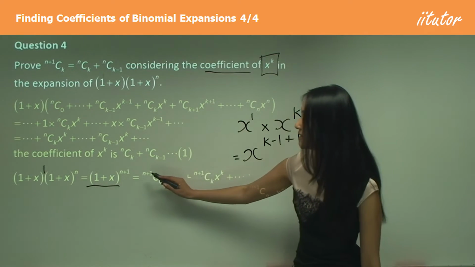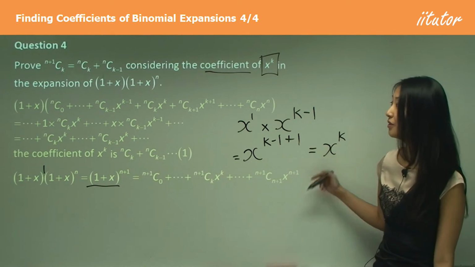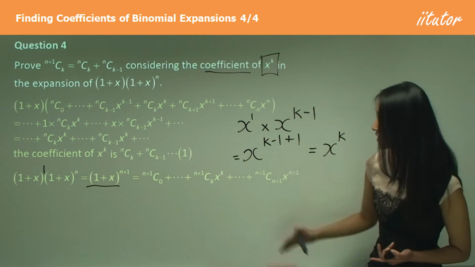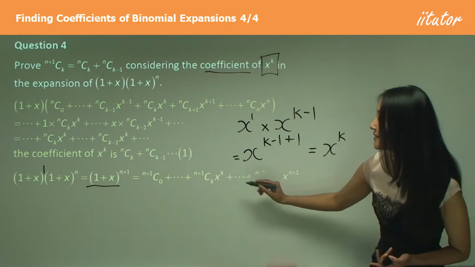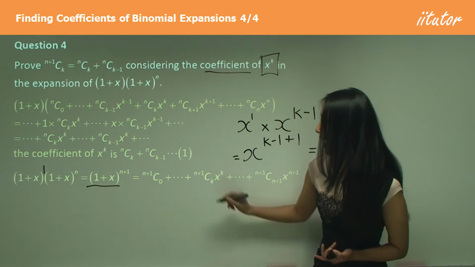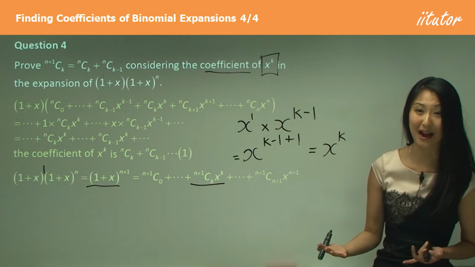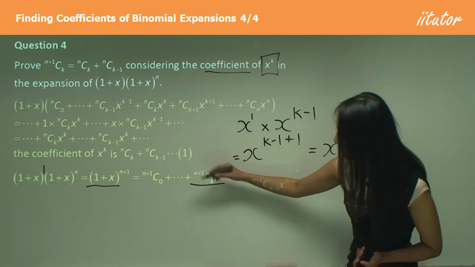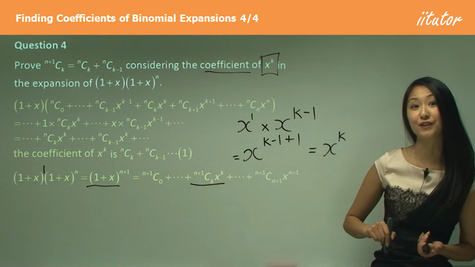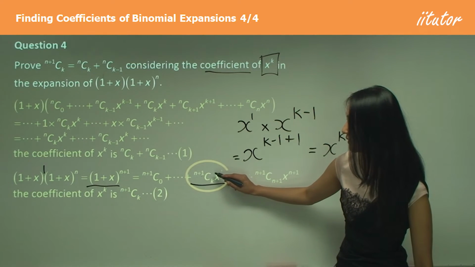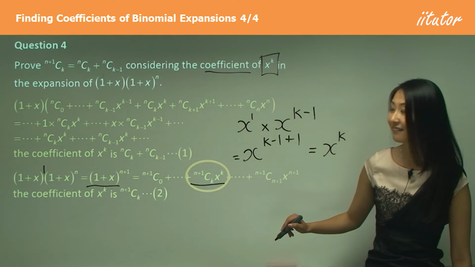Now, because in this one there's only one expansion, we don't need to consider what times what will give us x to the power of k. We can just look straight at this and see what is going to give us x to the power of k, which is that there, okay? That's the only term that's going to have x to the power of k. So by looking at that, what's the coefficient? Well, the coefficient is just (n+1)Ck, right?